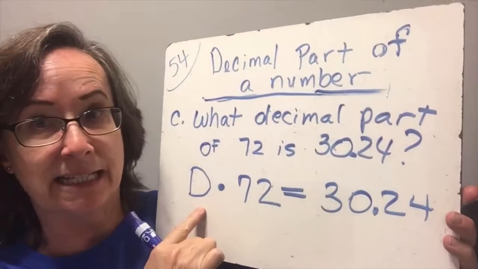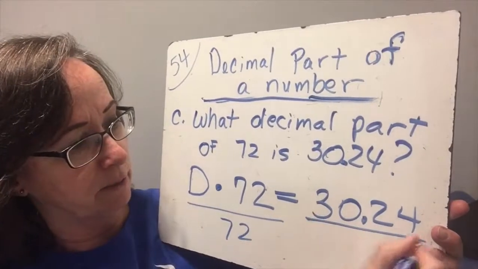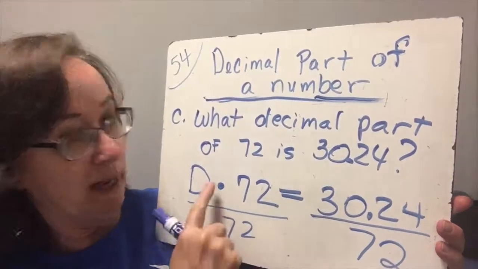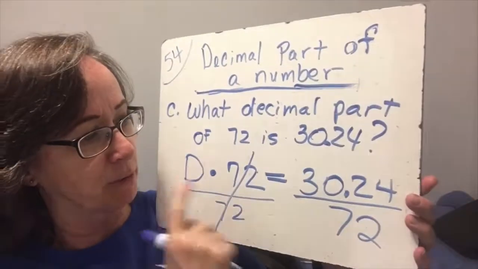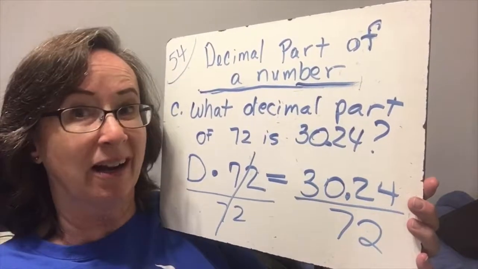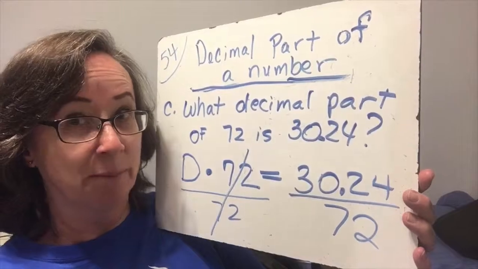Now to get the decimal part all by itself, we divide each side by 72. And we have our work all cut out for us. The D, the decimal part that we're looking for, is 30.24 divided by 72. So now all we have to do is that little bit of math.